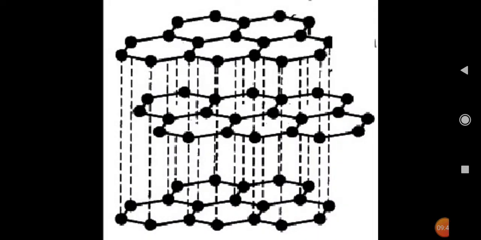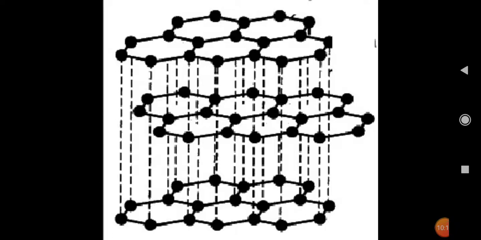Now moving to graphite, the second allotropic form of carbon. Graphite is available in a layered structure, but all the layers are held together by van der Waals force of attraction, with a spacing of 340 pm. Each layer is a planar structure, hexagonal through the presence of carbon-carbon rings.